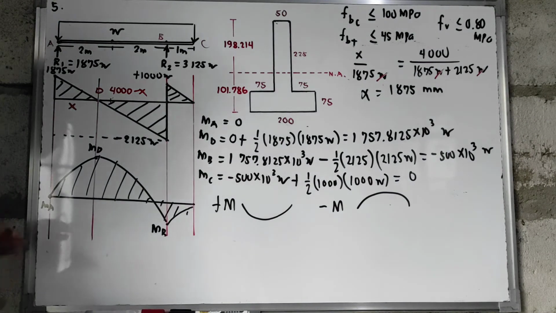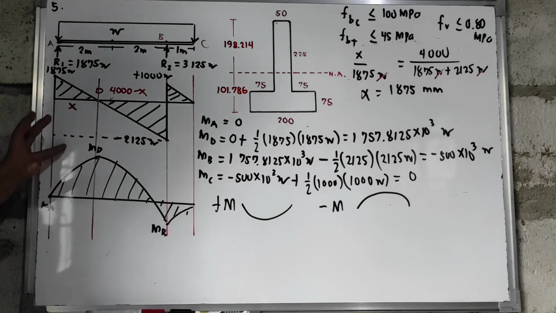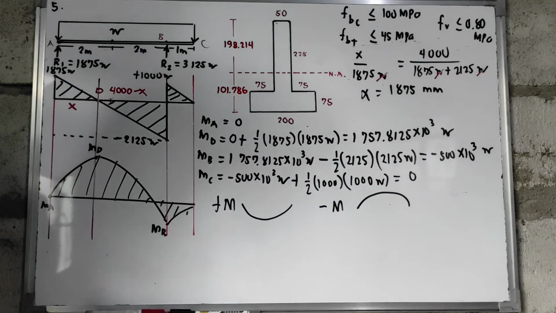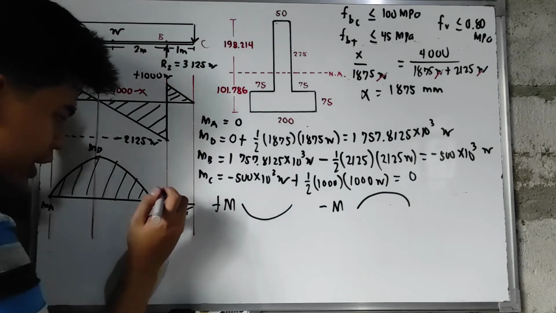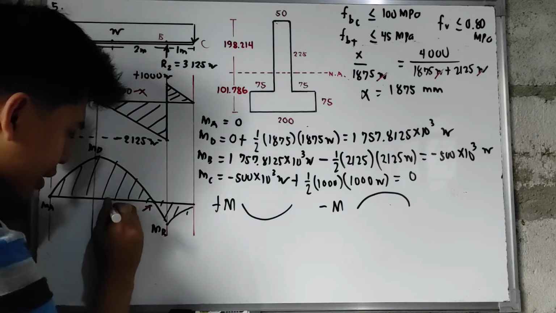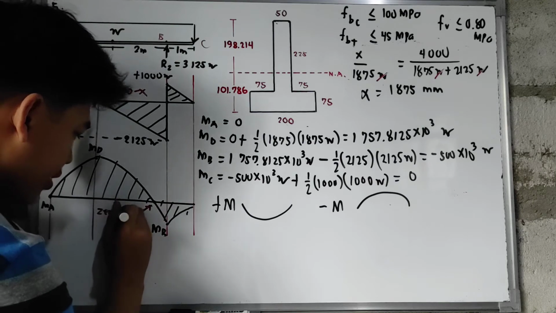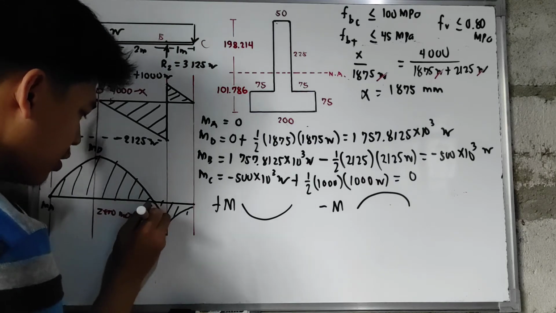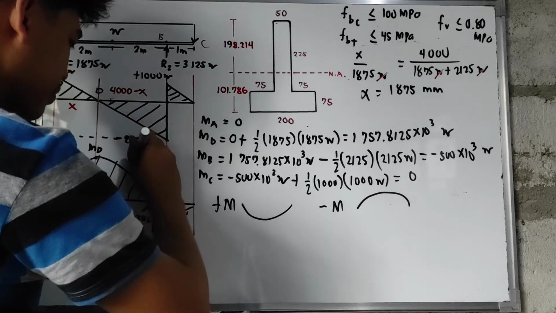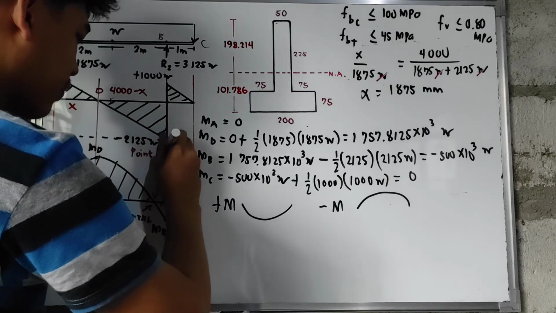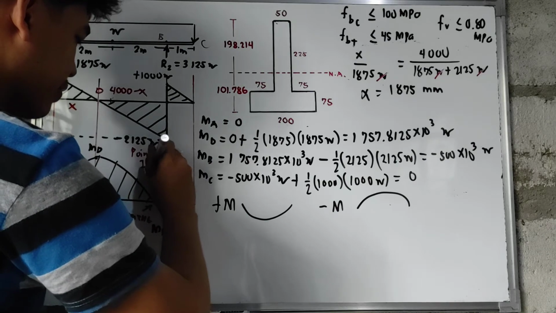Of course, when we shift from positive moment to negative moment, we will have a zero coordinate. This is called the zero moment, or commonly called the point of inflection.